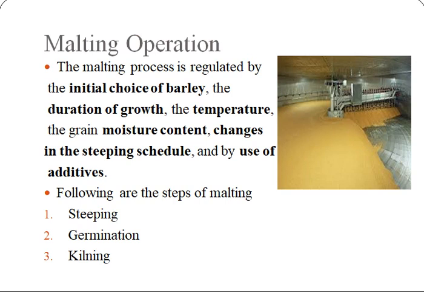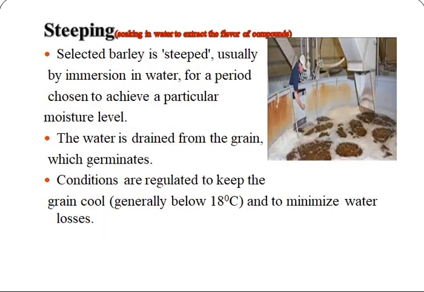Then we allow the germination process, then we stop the germination when the required germination is achieved by the kilning process. Steeping is soaking in water to extract flavor compounds, as I have written here in red.